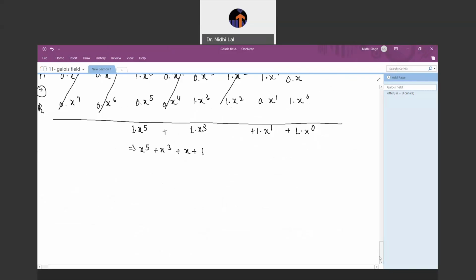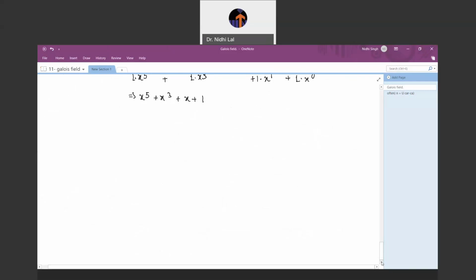Now what about the multiplication one? Multiplication is also very simple.